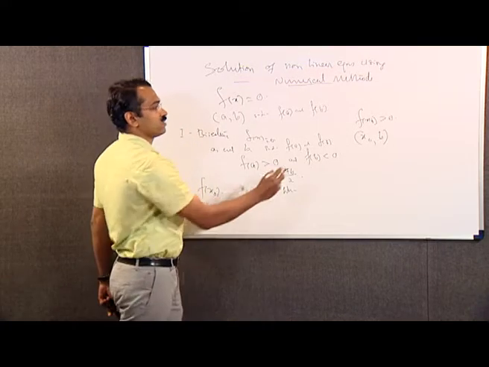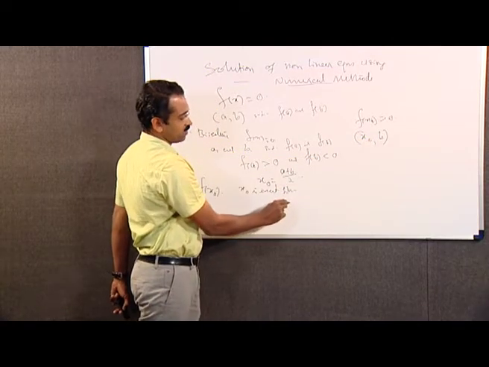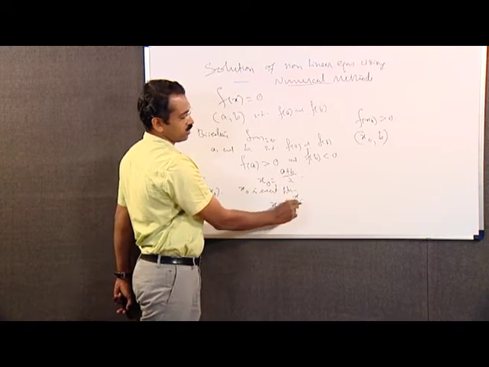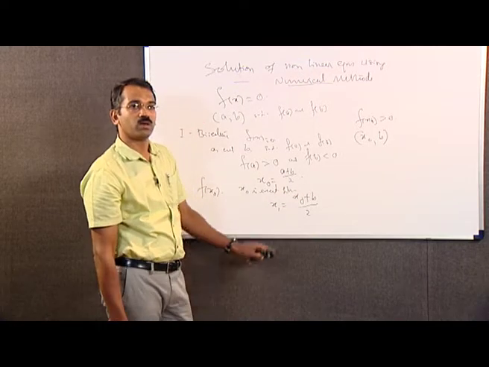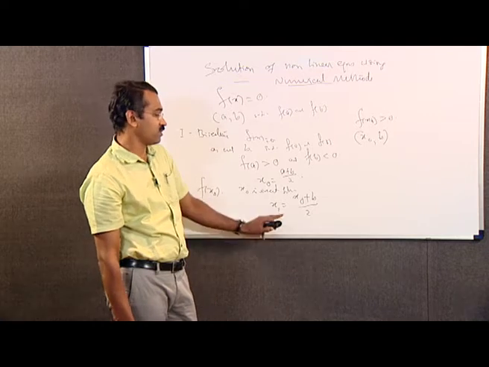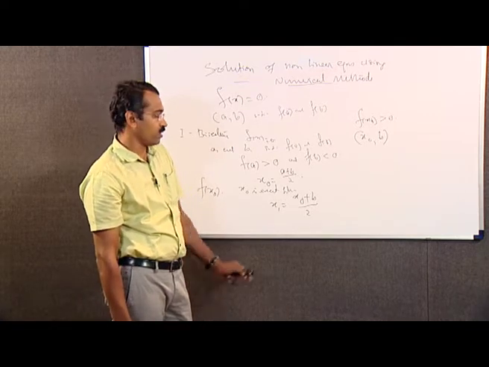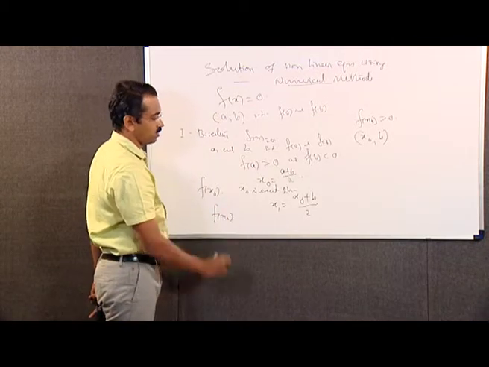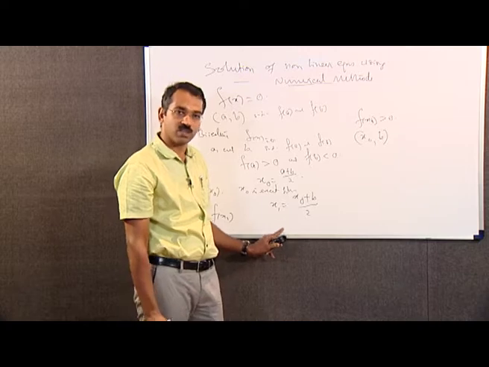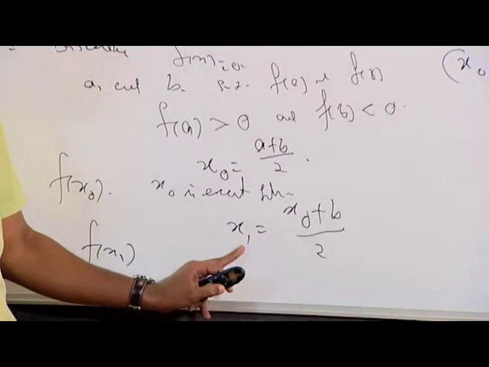Now, we bisect this interval again, which may be taken as x1, that is equal to x naught plus b divided by 2, which may be taken as the next approximate value of the exact root. Now, we evaluate f of x1. If f of x1 is equal to 0, then x1 is the exact root.